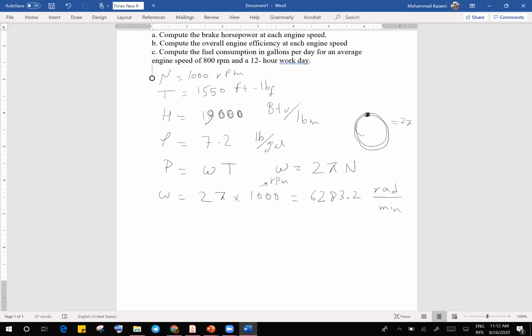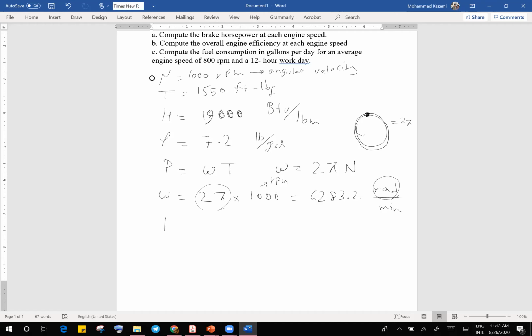So basically what we are doing here is converting one revolution to radian. One revolution is 2 pi radian, right? That's why the unit changed to radian per minute. So this is basically a conversion factor. N itself is also angular velocity, but the unit is different. All we do here is change the unit to radian per minute. Okay, so that's omega, right?